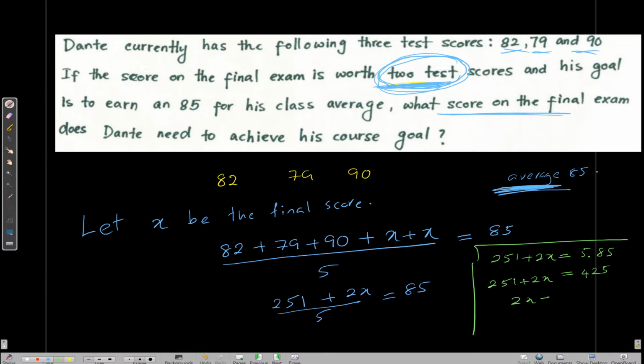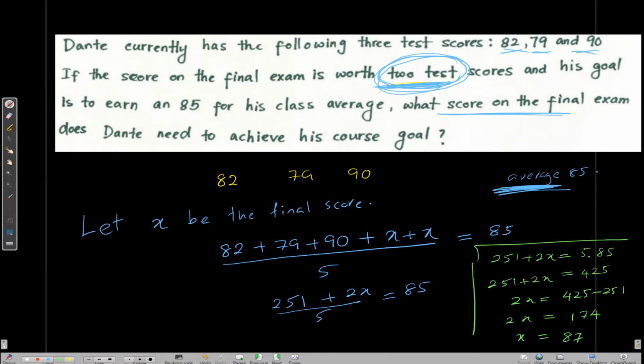So 2x is going to be 425 minus 251. So 2x is going to be 174. When you divide by 2, you get 87.